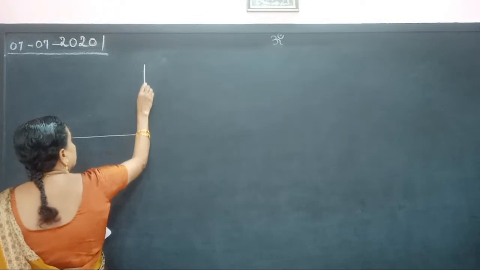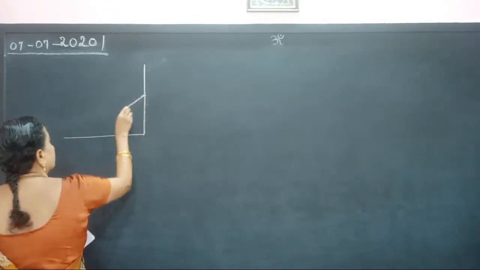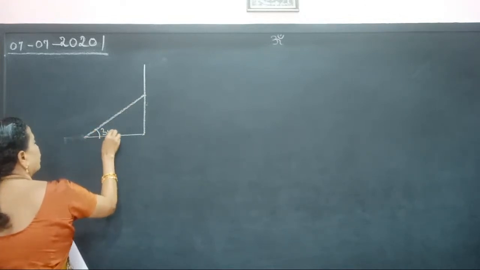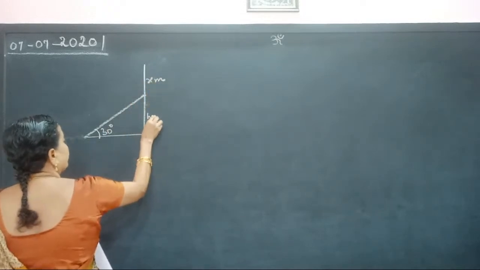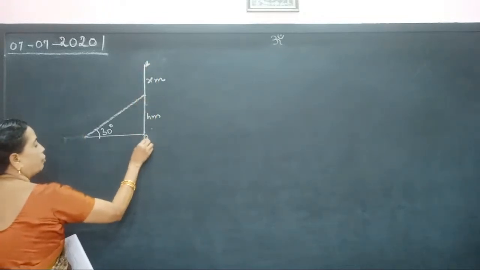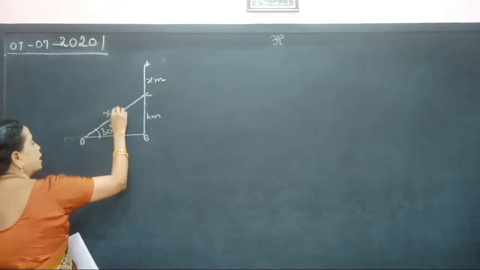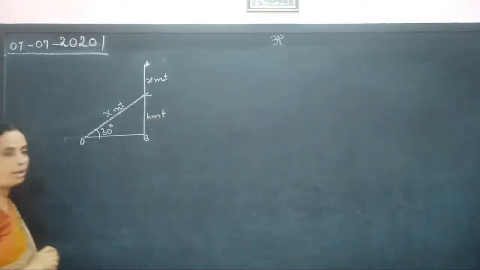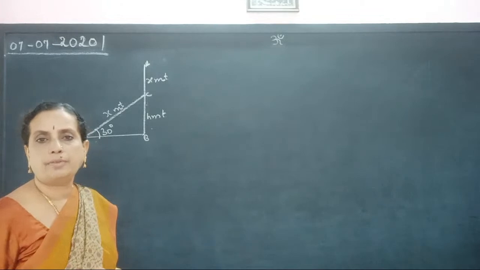Let us take this as the total height of the tree. This portion has been struck to the ground. The broken part will be struck, making an angle of 30 degrees. This is x meter, this is h meter. Consider AB as height of the tree, AC as the broken part, CD equals x meter. Is it clear now? So AB will be x plus h, the total height of the tree.